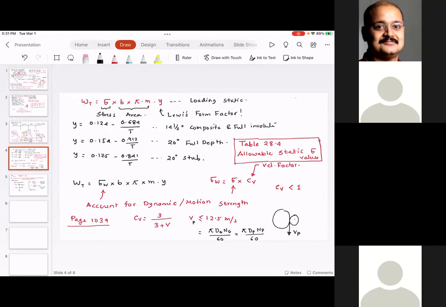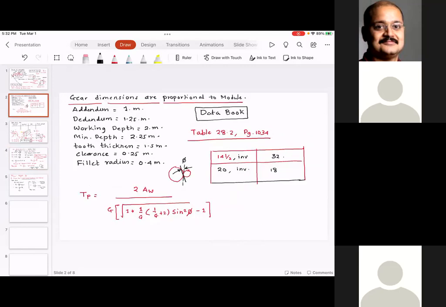So what that means is that the entire equation will be in terms of module. Everyone understood this? We know the value of WT, we can find out the value of CV, we can find out the value of sigma W, all that stuff. So at the end, I'm going to get the value of module. Once module is found out, for practical purposes, my gear is designed.